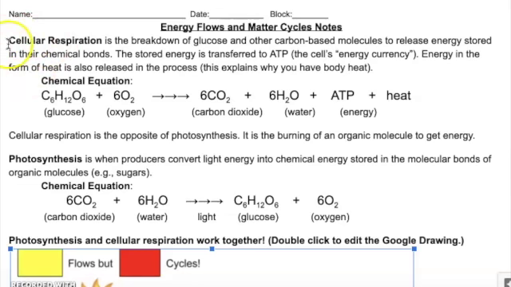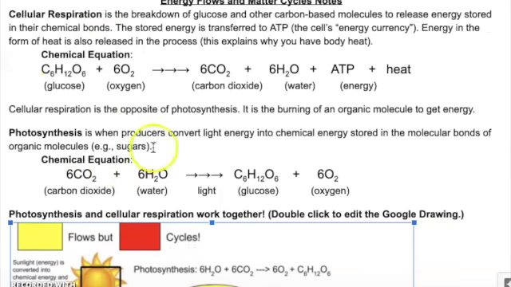These have been put up here so that you can refer back to the definition, what is cellular respiration, what is photosynthesis, what's actually happening, and see that in these chemical equations. So make sure you read through that.